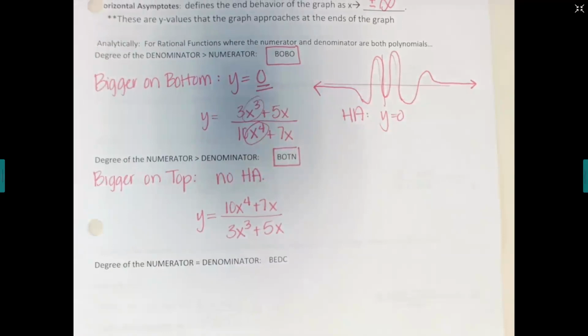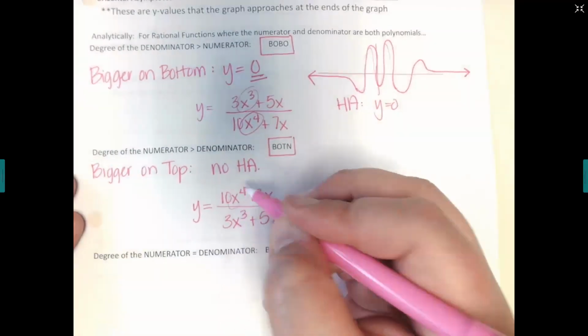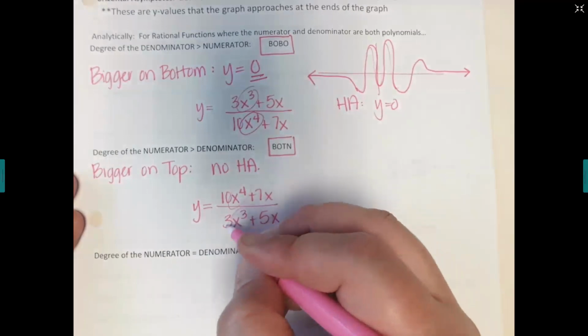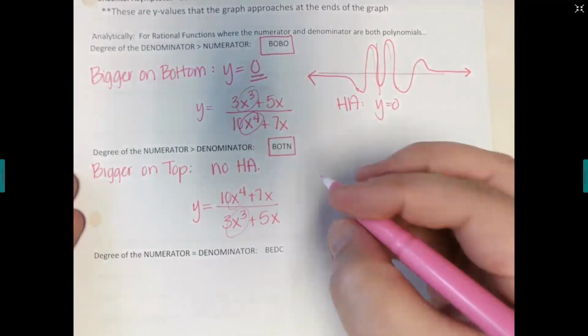If that were your example, you'd look at the top, look at the bottom, and ask which of these powers is bigger. My biggest power on top is an x4. Biggest power on bottom is an x3. Then you would say, that's bigger on top, no asymptote.